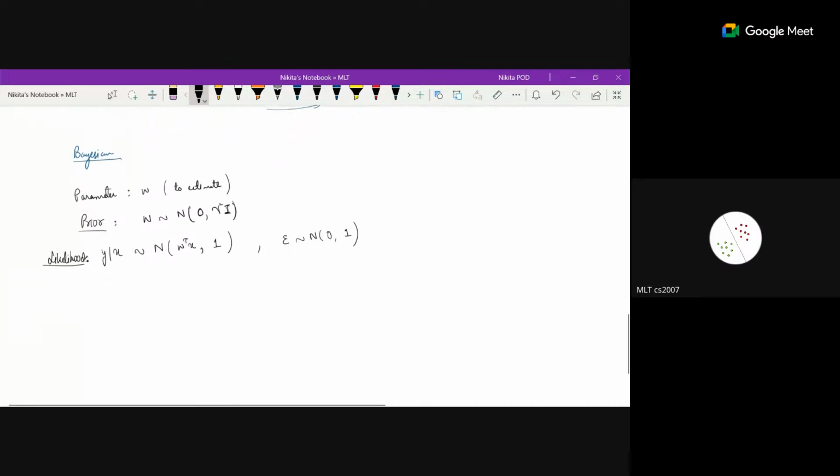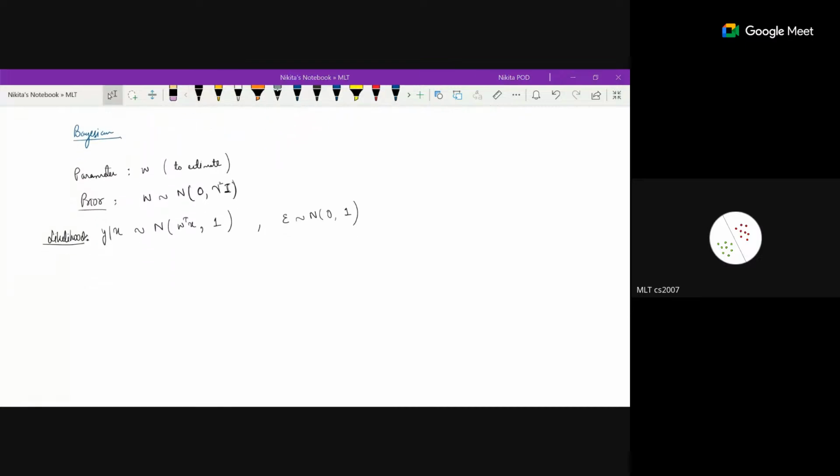Now, once we have the prior and we have the likelihood, what do we need to find out? We know that my posterior is proportional to the likelihood times the prior, right? So what is the posterior?